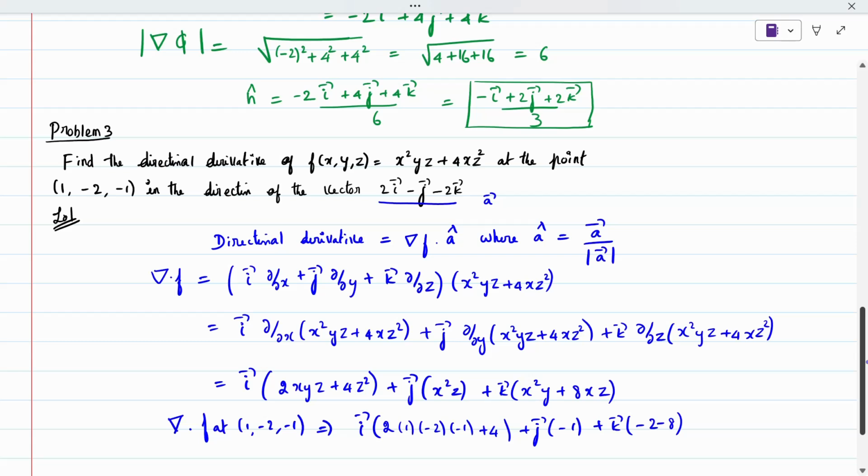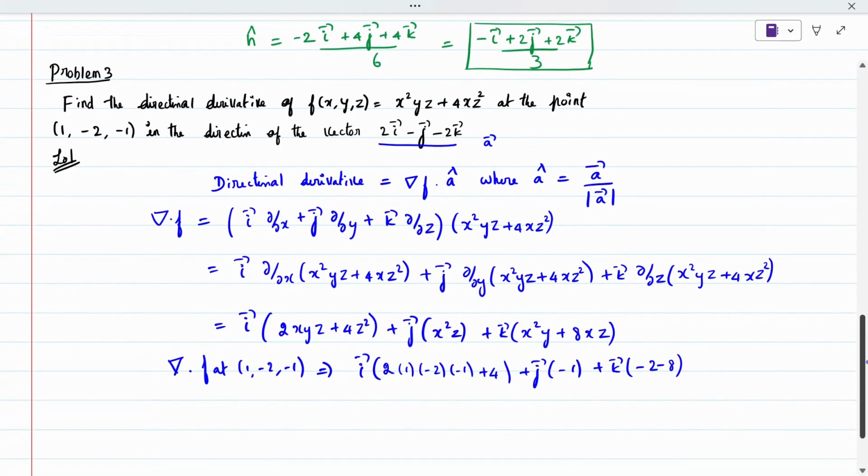When I simplify, minus minus plus 4, 4 plus 4, 8. So 8 i vector minus j vector minus 10 k vector is my del f.